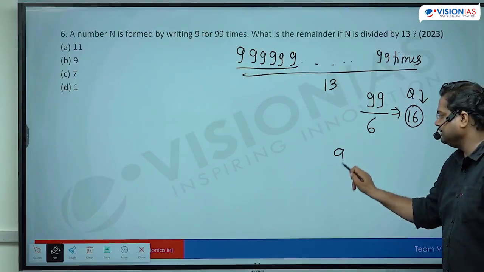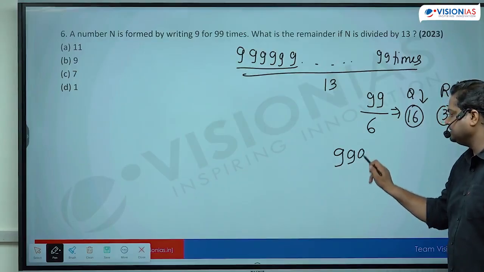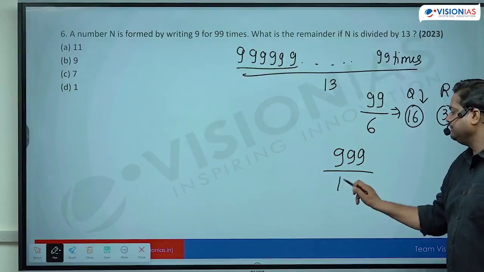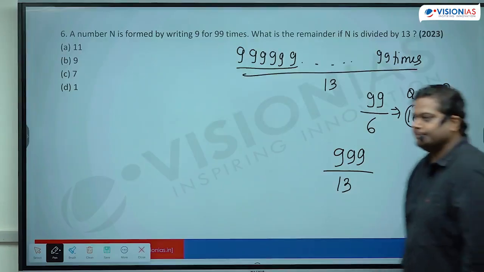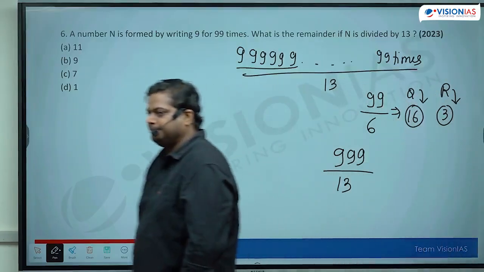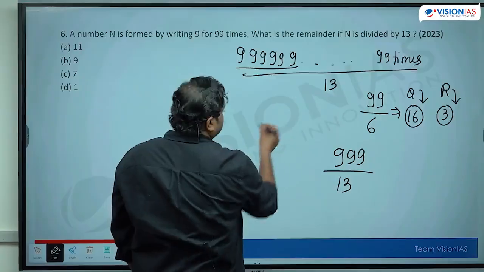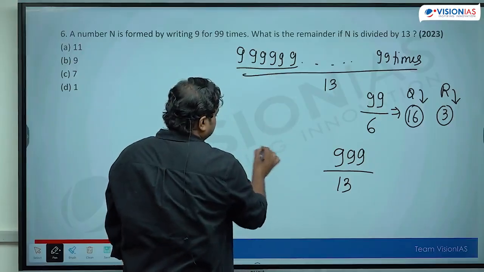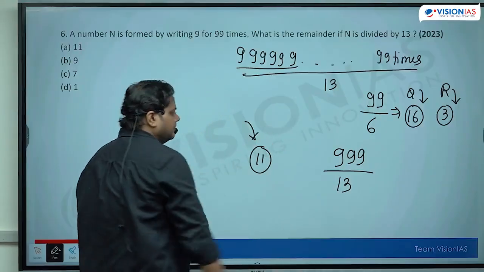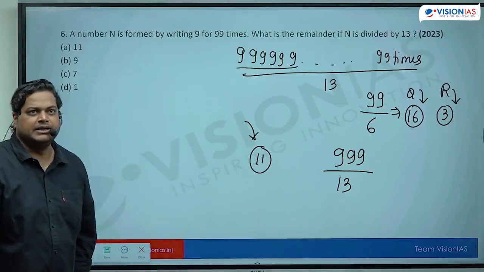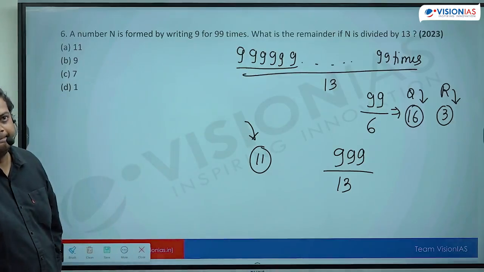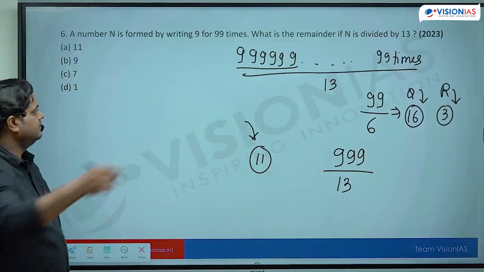So we can simply write these 3 9s and divide by 13. क्या आ जाएगा रिमाइंडर? 11. रिमाइंडर इज 11.